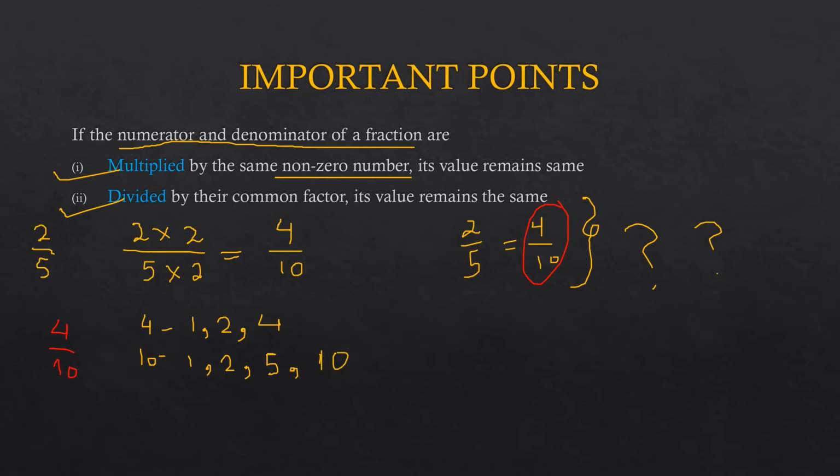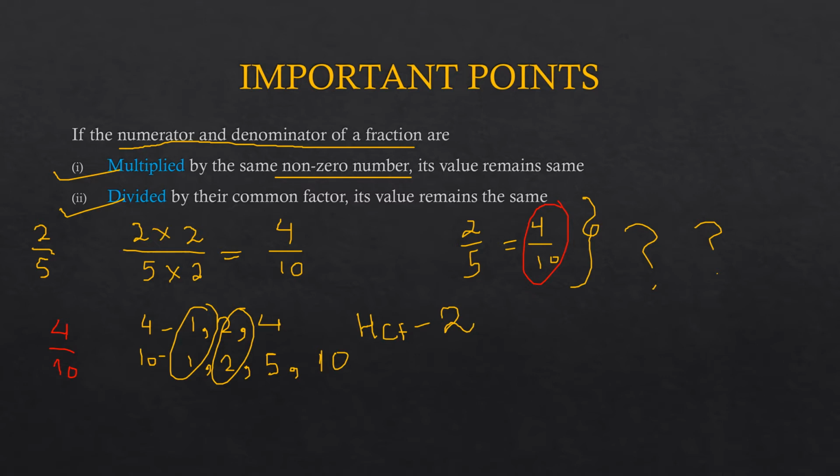Now these are the factors for 4 and 10. Now we will see the common factors. Common factors are 1 and 2 for 4 and 10. Now out of these common factors, we will take out the highest common factor. The highest common factor here is 2, for both numerator and denominator.